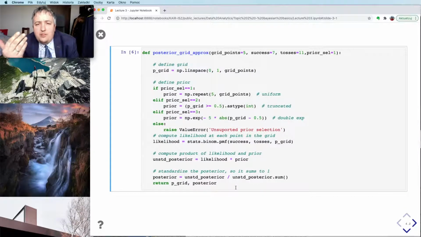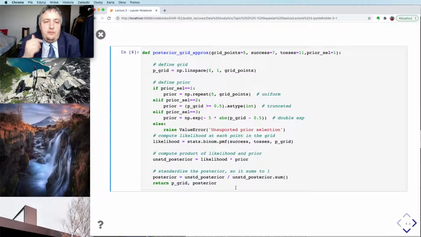So let's get a bit more advanced option in order to analyze different priors, and we'll modify our function slightly in order to allow us to use the uniform prior, the truncated prior, so the prior that assigns all the probability below 0.5 equal to 0, or the double exponential prior.